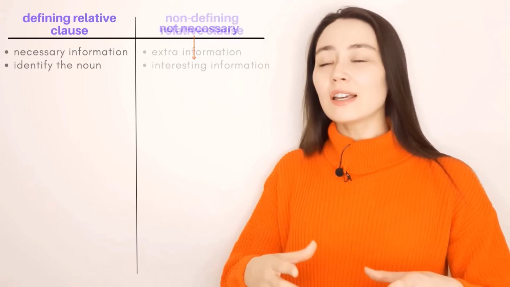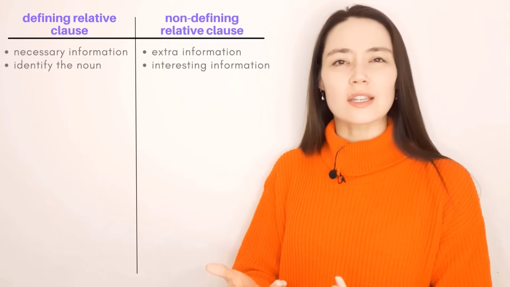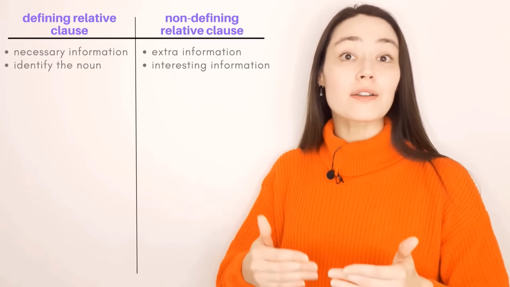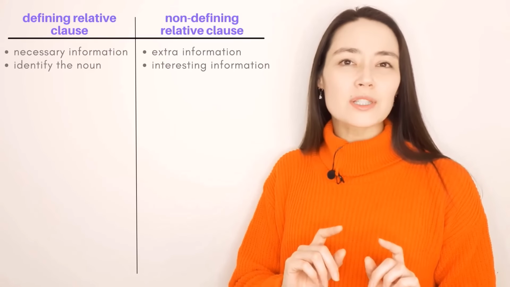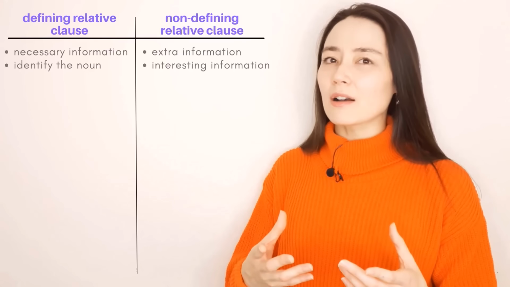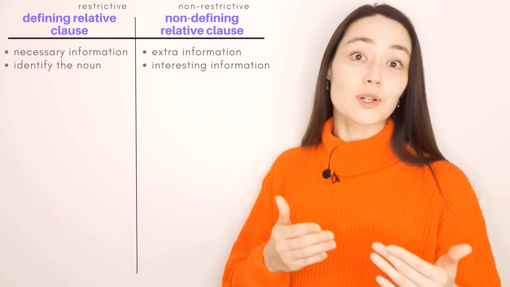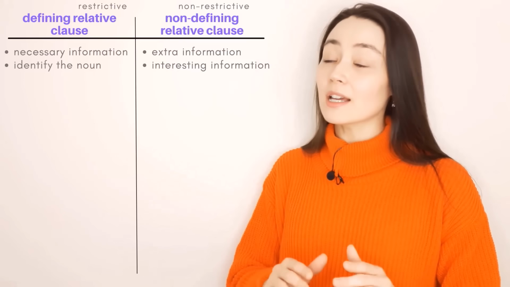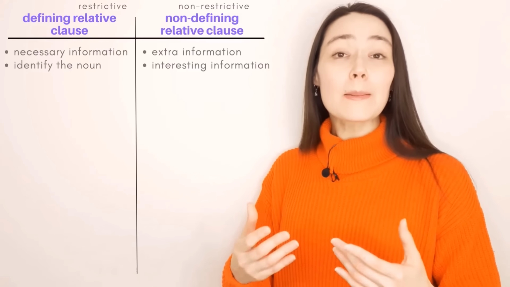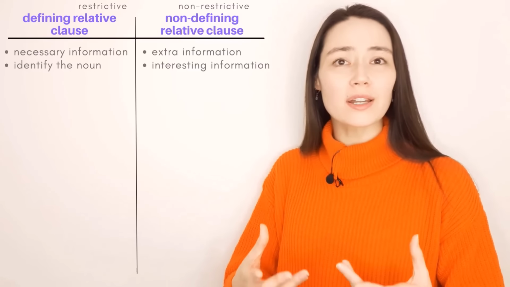Relative clauses that give extra or interesting information are called non-defining relative clauses. In your grammar books, these clauses might be called restrictive or non-restrictive. Same thing. We normally need defining relative clauses because there is more than one thing.